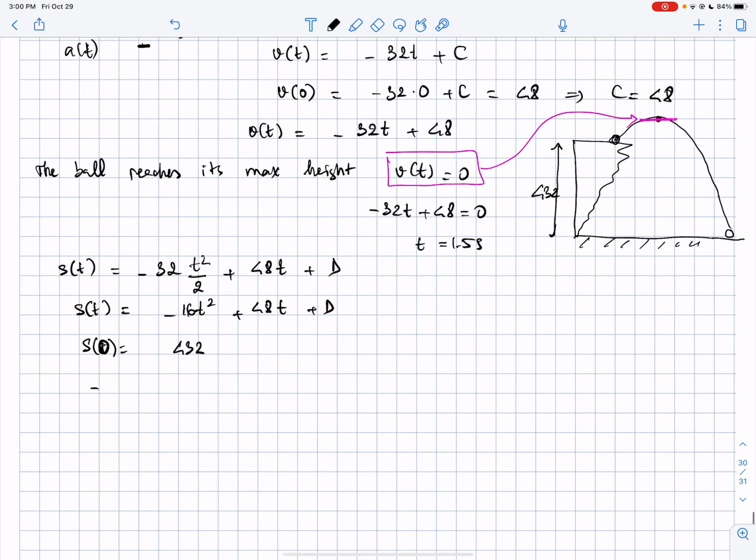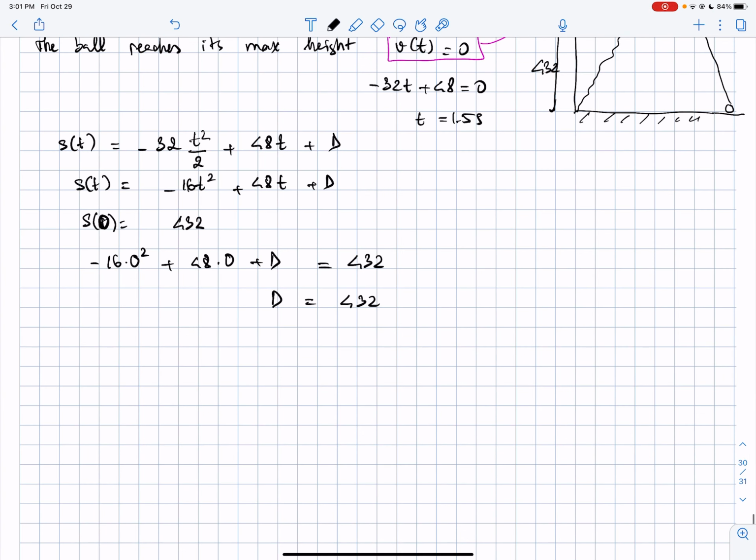Now it's going to be negative 16 times 0 squared plus 48 times 0 plus d equals 432. Then d is 432. So the distance function will be negative 16t squared plus 48t plus 432.